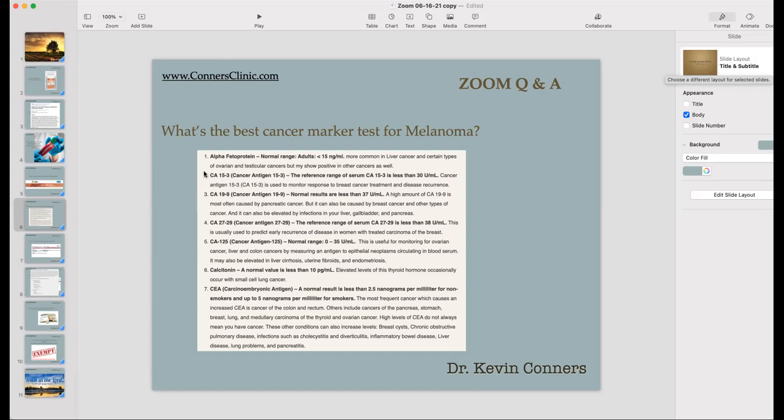Now, typically, if you're doing natural care, you're not going to get as much cell lysis. You're going to get more stimulation of apoptosis. So your tumor markers typically won't rise. They won't spike with using the Rife and using natural therapies. They can still, but it's much less common that they will spike.